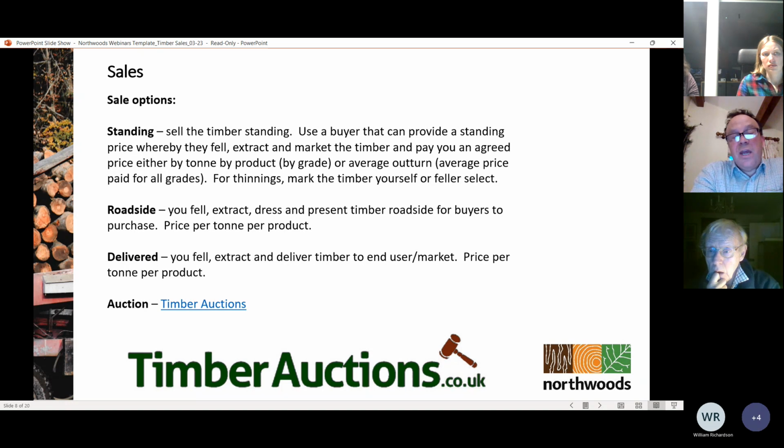Or you can go to a full open market sale, and at timber auctions we do 2 sorts of sale, which is either an open market tender or latterly a full auction, which is a live online auction where the details are sent out, the bidders log in, they place a bid, and they are then updated automatically if they're outbid or if they're the successful bidder when the sale closes.